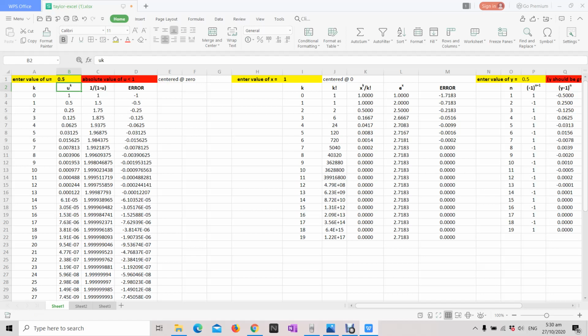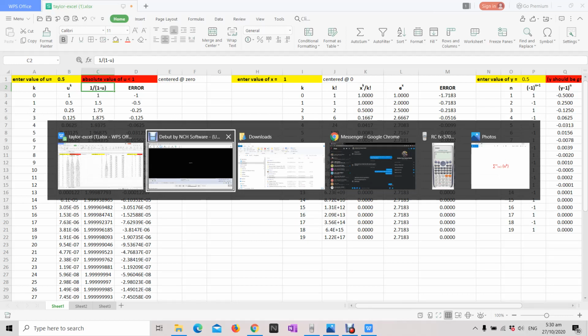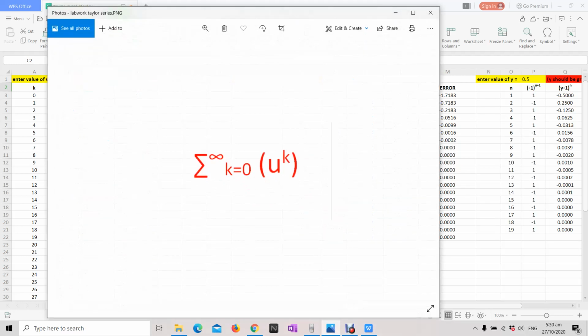So, for now, let us first take note that the corresponding Taylor series of this function is equal to the summation of u raised to k from k is equal to 0 to k is equal to positive infinity.